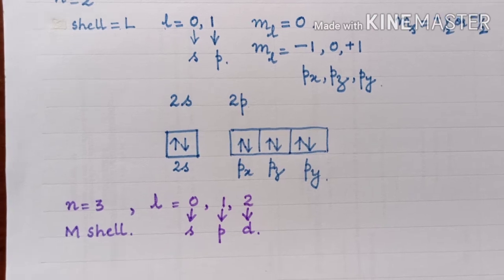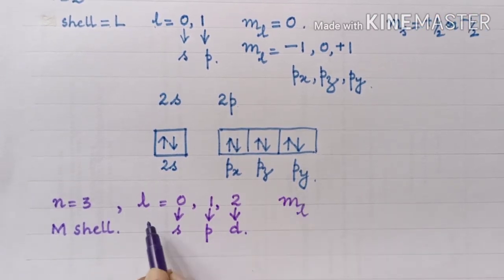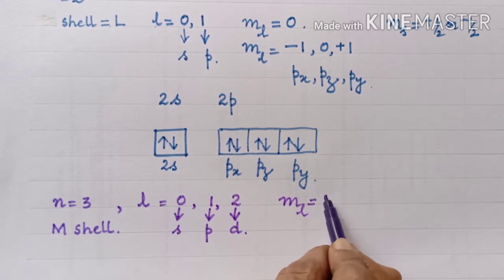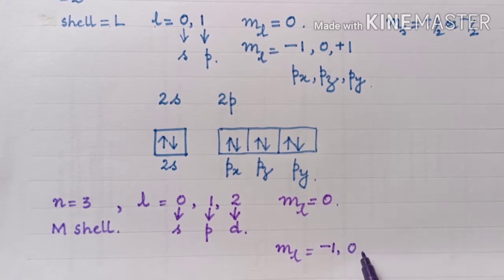Now check the values for ML. ML, when L value is 0, we have only one value, that is ML 0. ML for L value is equal to 1 can have three different values. Which are the different values? -1, 0, +1. So that means p orbitals are of three different varieties: px, pz, py.